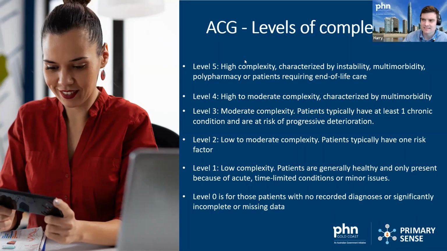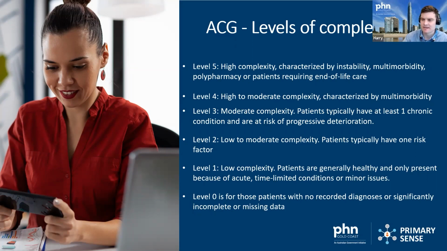As I was saying previously, level 5 here is for the most complex patients in your practice, whereas level 1 is low complexity patients. You also see in the Primary Sense tool, there can be level 0 for patients. This would indicate the patients have no recorded diagnosis or significantly incomplete or missing data.